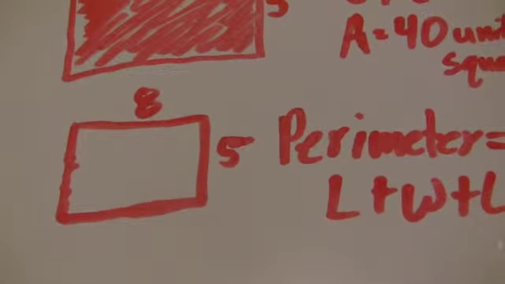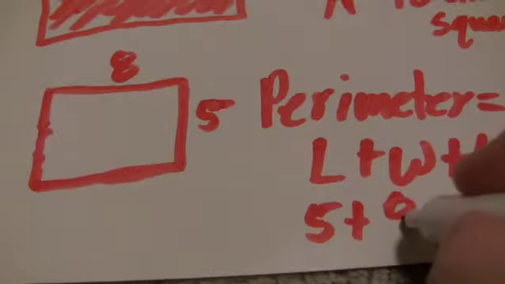So let's do this. So we know the length of this thing, which we're going to say is how tall, would be a 5, plus a width, which would be an 8.